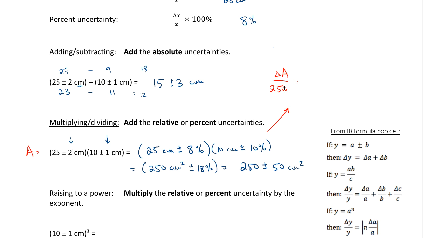So the absolute uncertainty divided by 250 is going to be equal to 2 over 25 plus 1 over 10. Now, if you work this out and do the division, add them together, multiply by 250, then you get the 50 that we just got down here. So that's a way of showing your work.